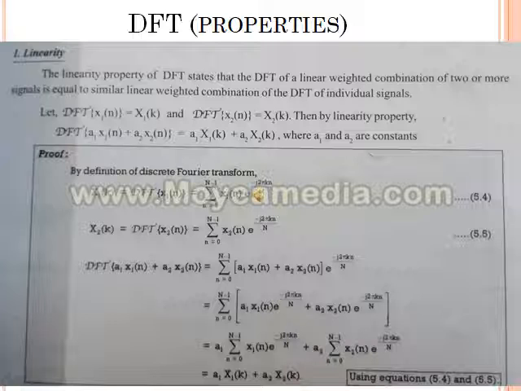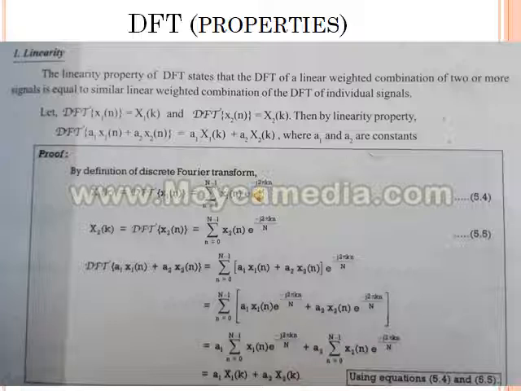So the linearity property of DFT states that the DFT of a linear weighted combination of two or more signals is equal to the similar linear weighted combination of the DFTs of the individual signals. So this is the linearity property.